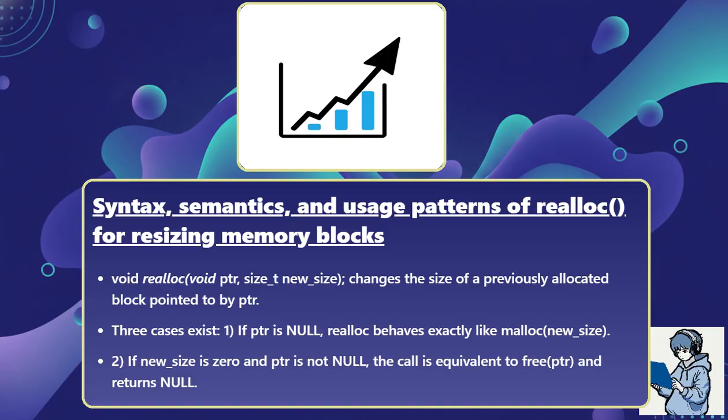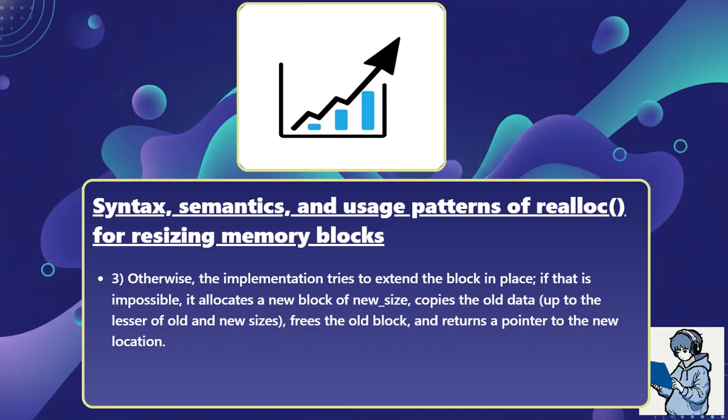If new_size is 0 and ptr is not null, the call is equivalent to free of ptr and returns null. 3. Otherwise, the implementation tries to extend the block in place. If that is impossible, it allocates a new block of new_size, copies the old data up to the lesser of old and new sizes, frees the old block, and returns a pointer to the new location.